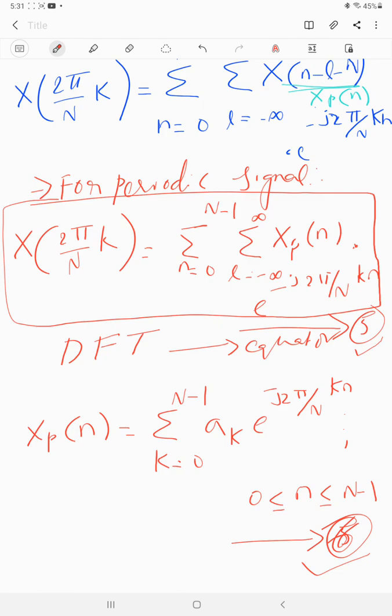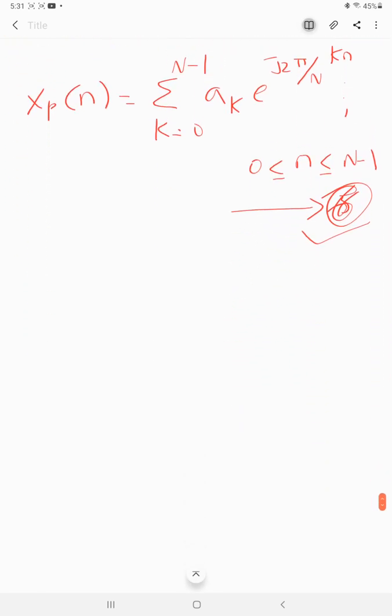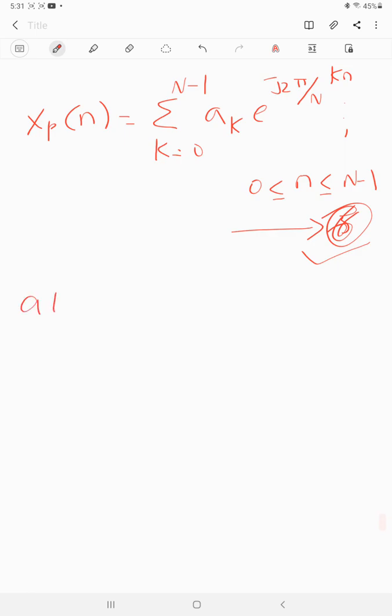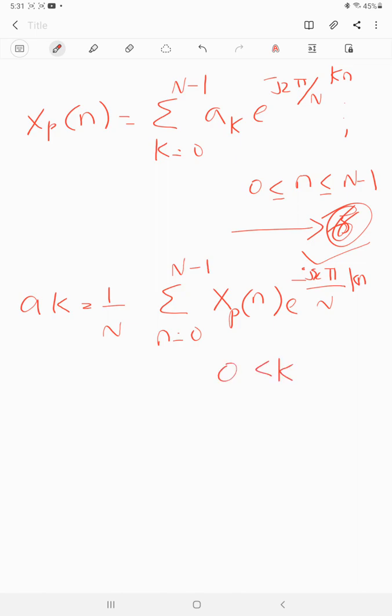Then a_k can be written as 1 by N summation of n equals 0 to N minus 1 of x_p of n into e to the power of minus j 2 pi by N into kn, where k ranges from 0 to N minus 1.